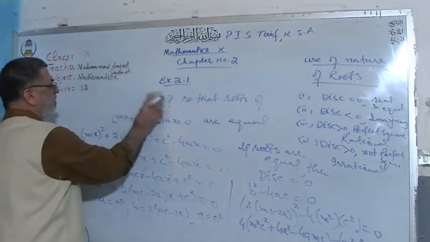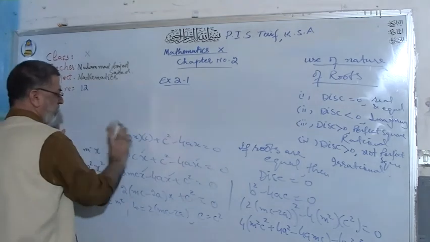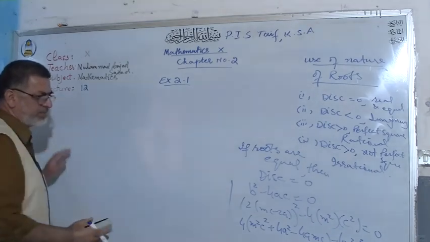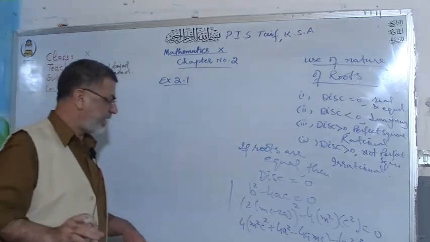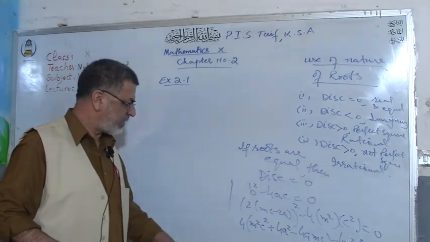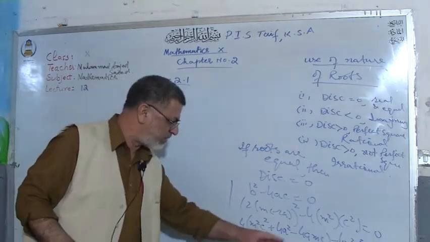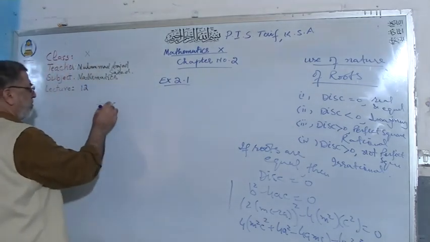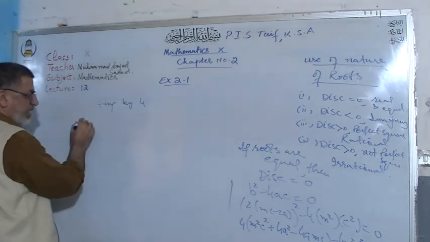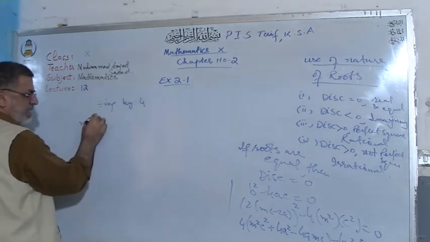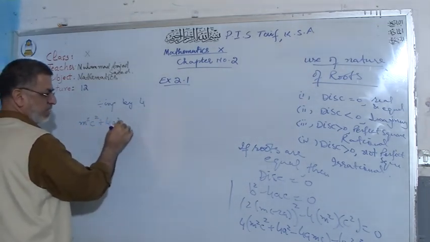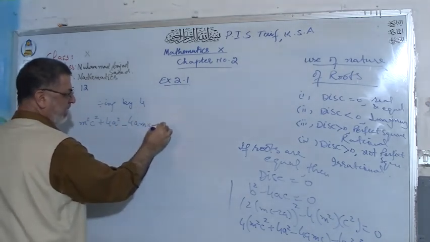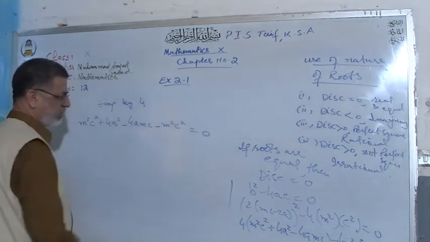After that, we will open up this bracket by multiplying with 4. Or I think it is better to divide throughout by 4, because here is 4, here is 4. Dividing by 4, we are left with m square c square plus 4a square minus 4amc and minus m square c square is equal to 0.